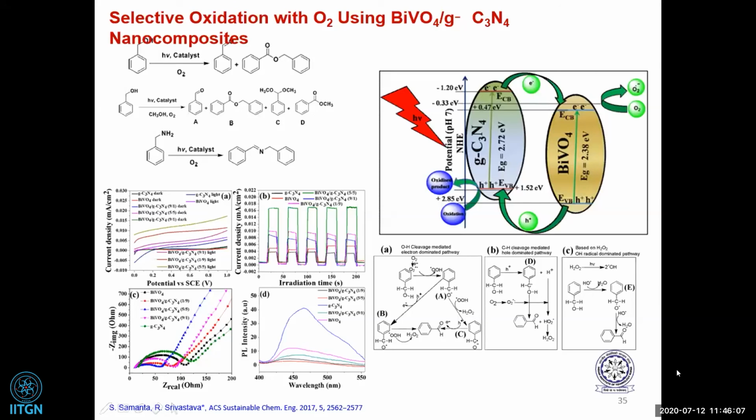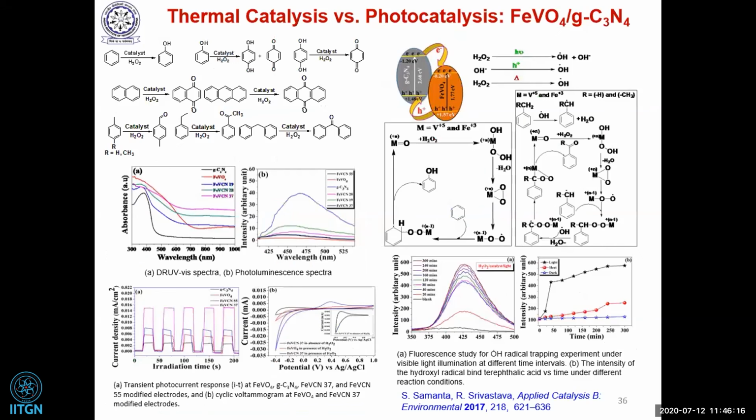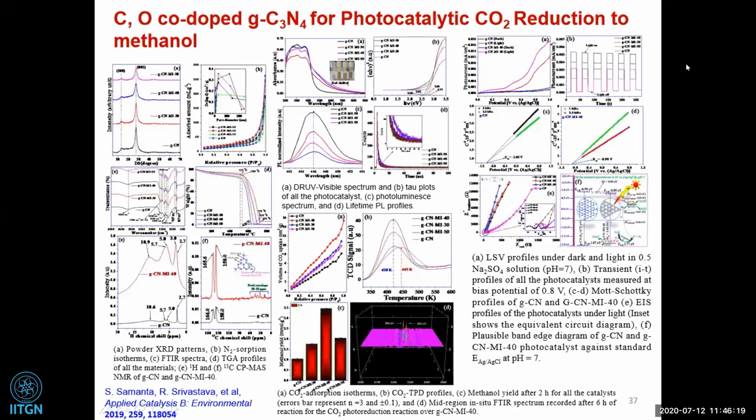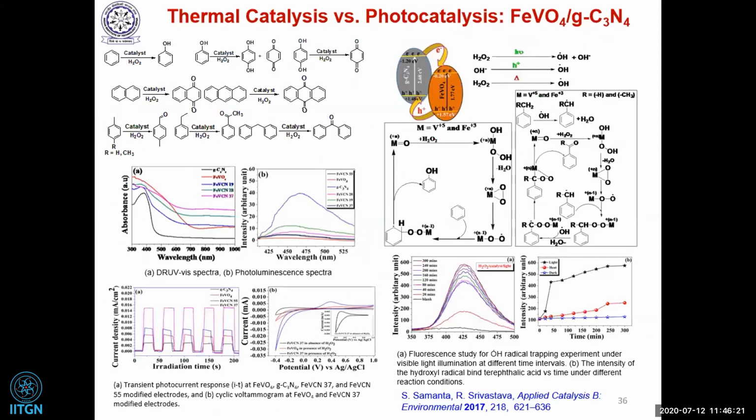That's how the mechanism has been proposed, by studying various photocurrent measurements, photoluminescence measurements, and other spectroscopic measurements. Similarly, we know very well that iron is very good for hydroxylation, and vanadium is also very good for hydroxylation and oxidation reactions. So we prepared iron vanadate and decorated it over C3N4. C3N4 is good for light absorption. Iron vanadate is also very good for light absorption, but it also exhibits thermal catalysis.